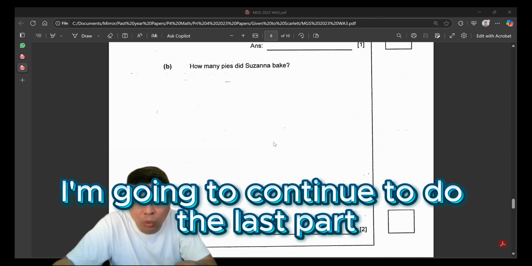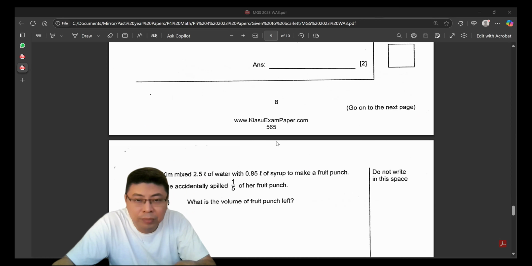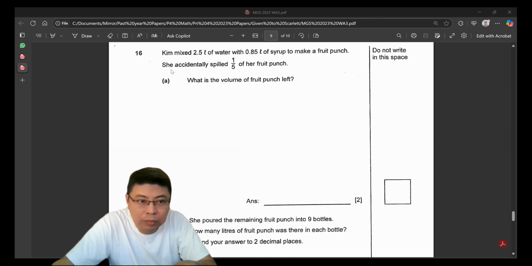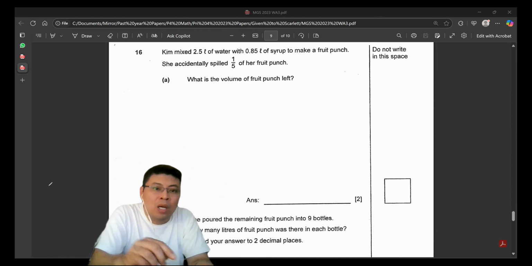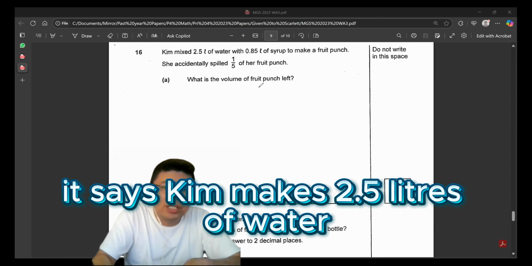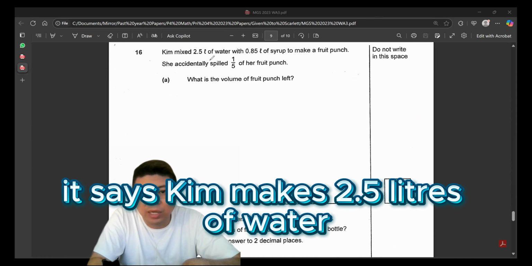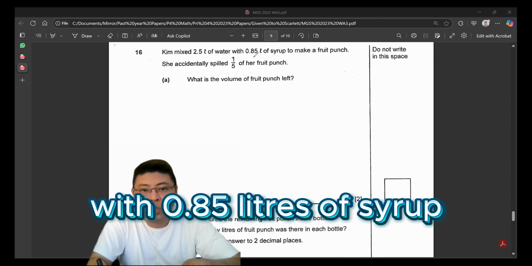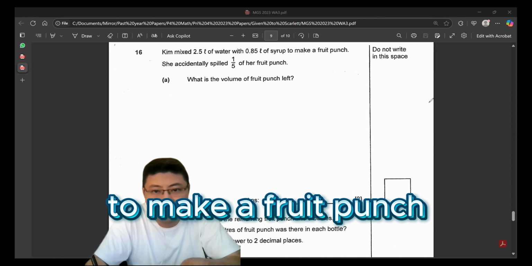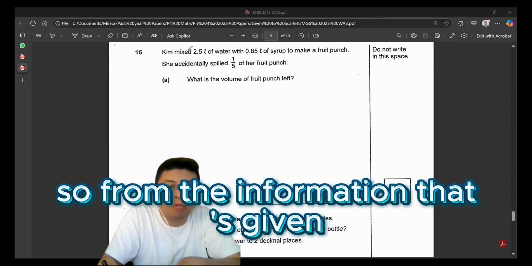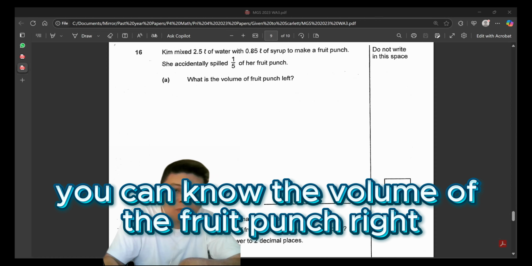Okay, I'm going to continue to do the last part. The last part, it says Kim makes 2.5 liters of water with 0.85 liters of syrup to make a fruit punch. So from the information that's given, you can know the volume of the fruit punch, right?